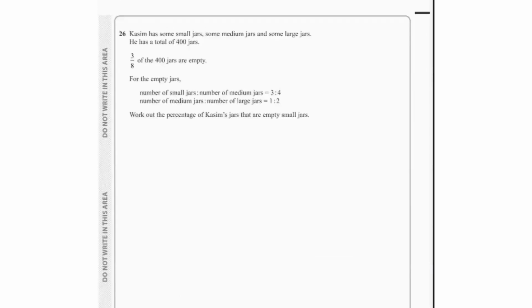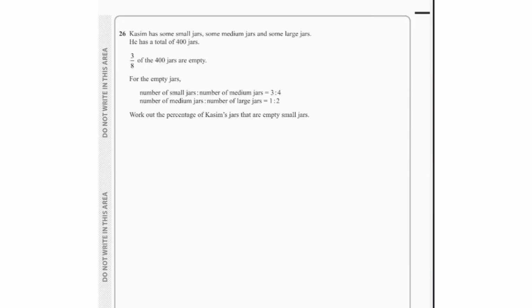Question 26 says, Qasim has some small jars, some medium jars, and some large jars. He has a total of 400 jars. 3/8 of the 400 jars are empty. And then from those empty jars, the number of small jars to medium jars is 3:4. The number of medium jars to large jars is 1:2.